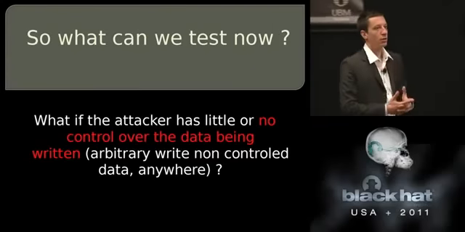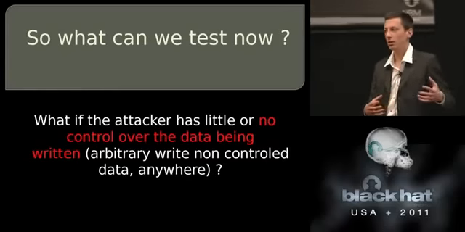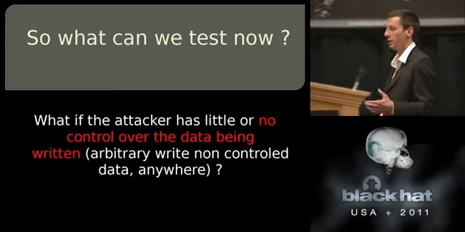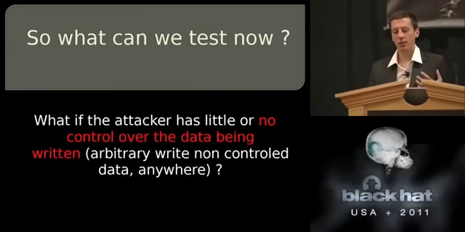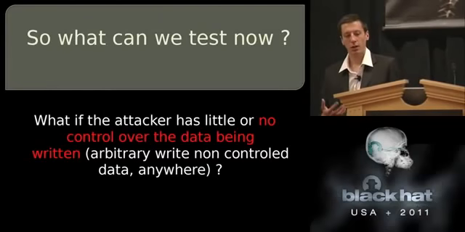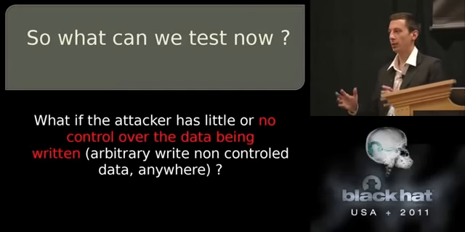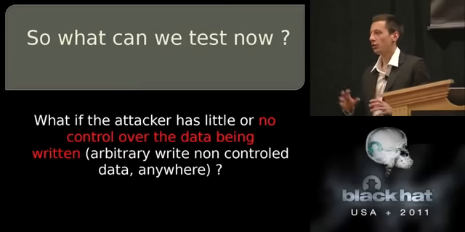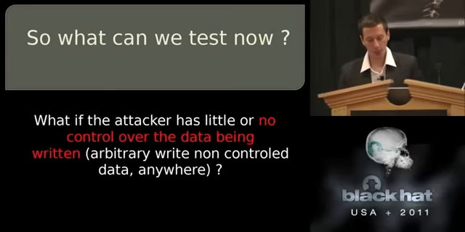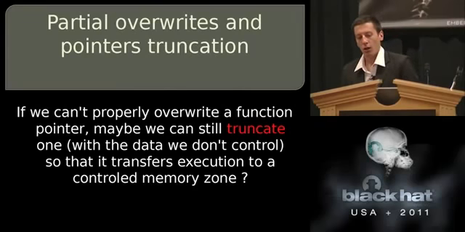Invalid memory writes are not always such that you control both the destination you're writing to and the content you're writing. Sometimes you don't have that much control. So we're going to see subcases which are still interesting, where you have less control either over the data being written or over the location to which you're writing.